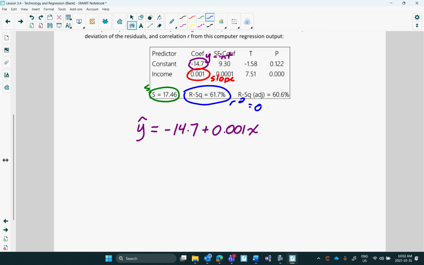So it'd be 0.617. So we could say here, S is 17.56. That's sort of the typical distance each point is away from the least squares regression line. R squared, I just referred to what it meant. Now you got to be very careful and take note of this because you've got to show this.